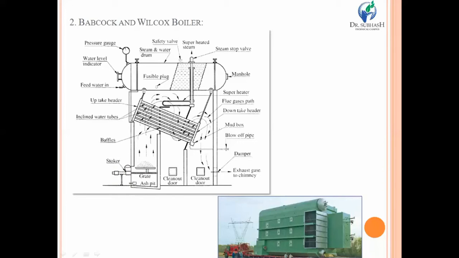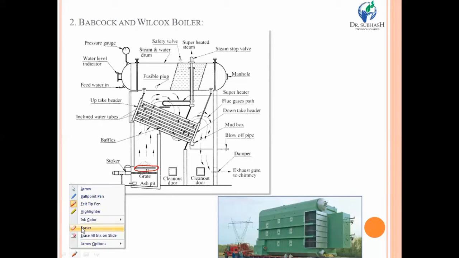Exactly, there is a grate, and the grate is basically a screening type of construction, above which there is a preparation of coal. So ultimately, the grate is a platform where combustion of the pulverized coal is performed.